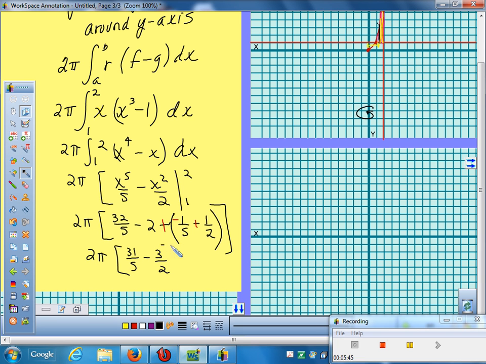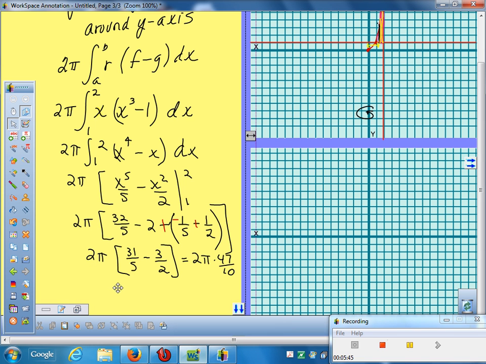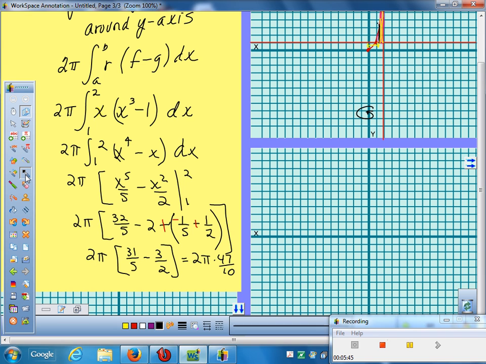I would combine those two, and then I'm going to have to do a common denominator. 62/10 minus 15/10 would be 47/10, I think, times 2 pi, which would give us 94, oh no, it would be 47/5, because the 2 would cancel. So I would say I have 47 pi over 5 to be specific, units cubed because it's still volume.